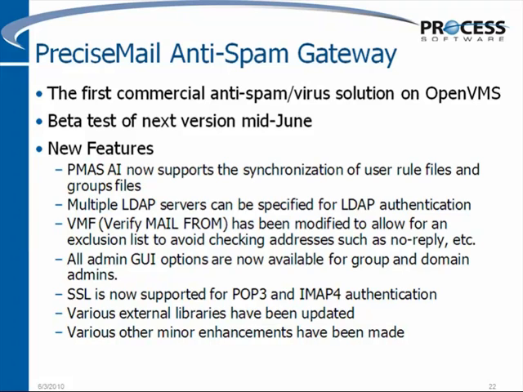We're expecting a beta cycle for it later this month, where some of the new features we're putting in are additional synchronization of user rules for the clustering implementation, multiple LDAP servers for authentication, improved verify from, an improved GUI, and SSL for POP3 and IMAP authentication. External libraries have been updated and other minor enhancements.